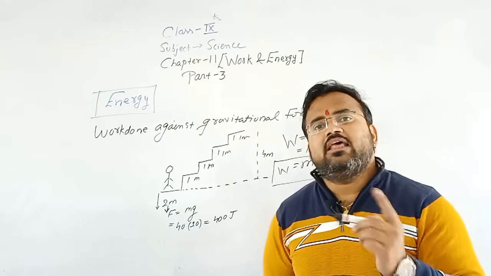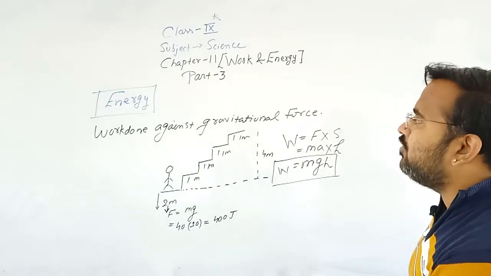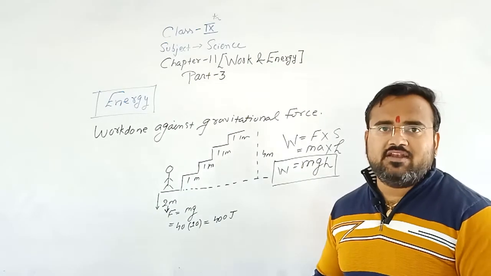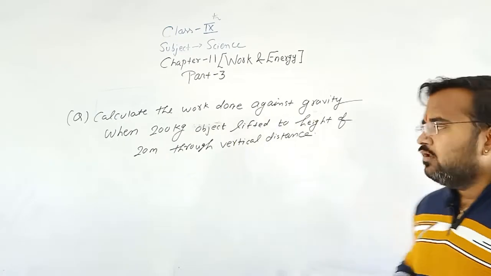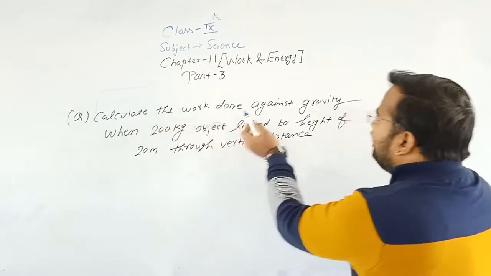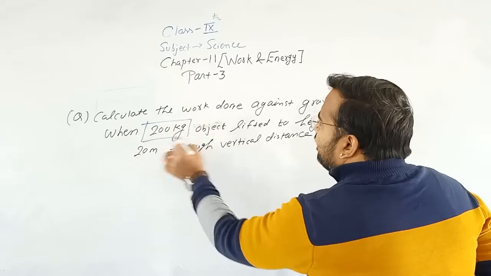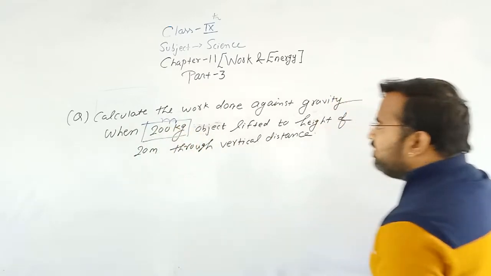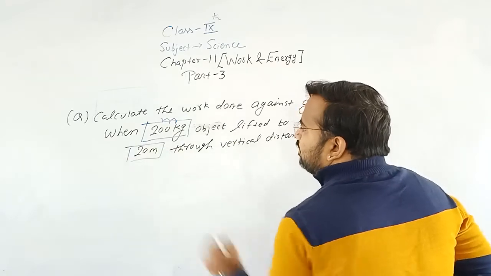We can have one example in the form of a numerical to understand better what is the work done against gravity. The numerical is: calculate the work done against gravity when a 200 kg object is lifted to a height of 20 meter.